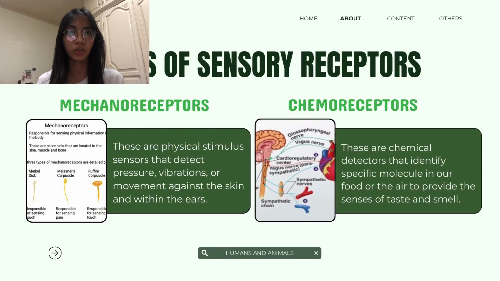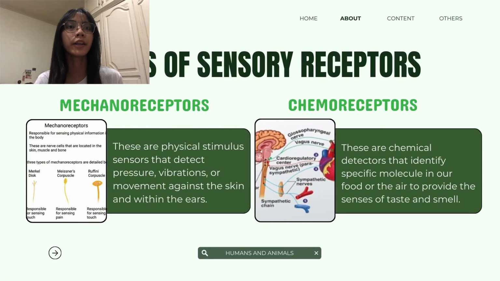When receptors detect a stimulus, they send these signals to the brain, to the central nervous system. And before they send these signals to the brain, they convert those signals to what we call electrical signals, and that process is called transduction.